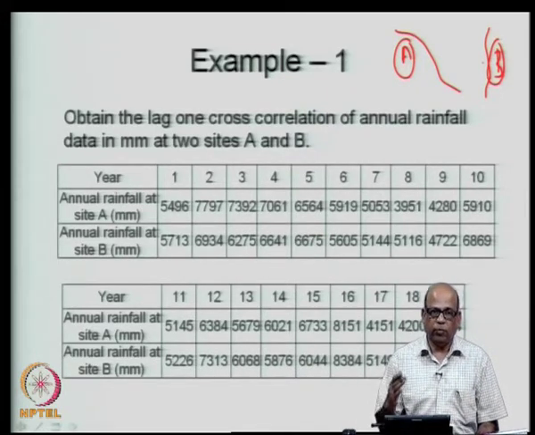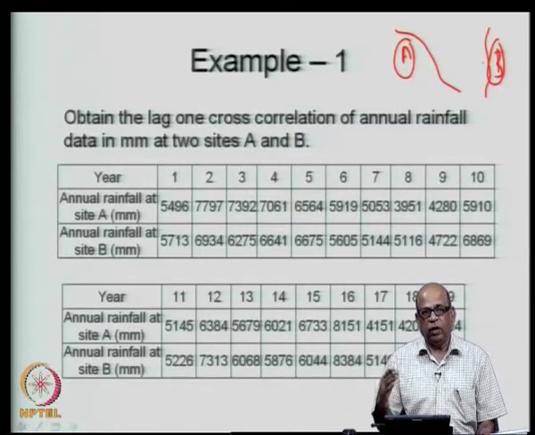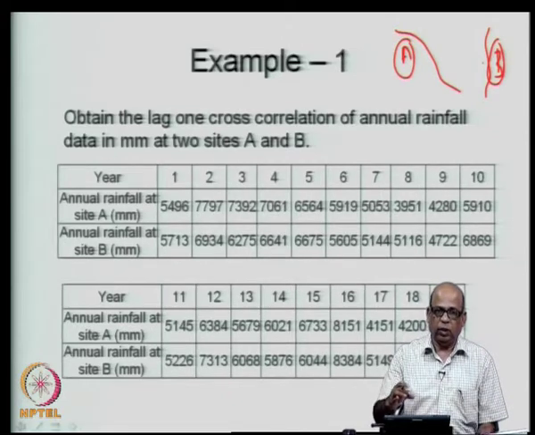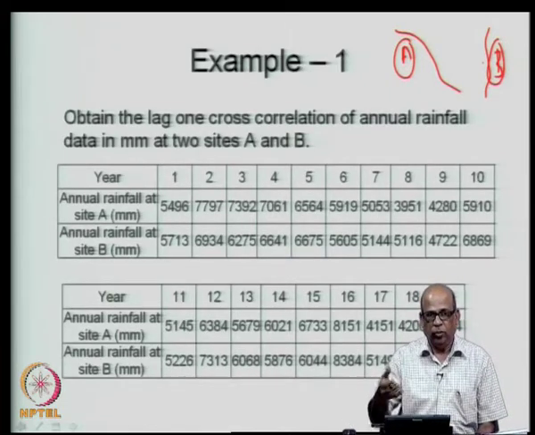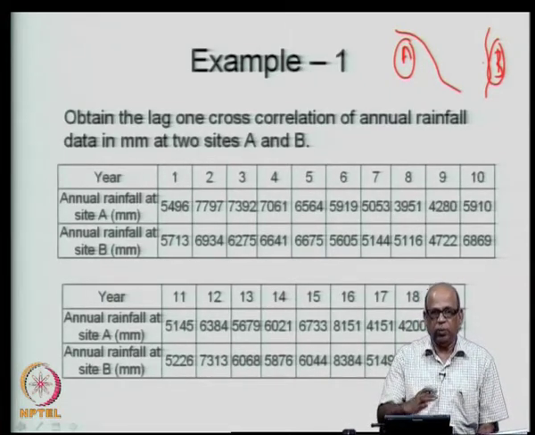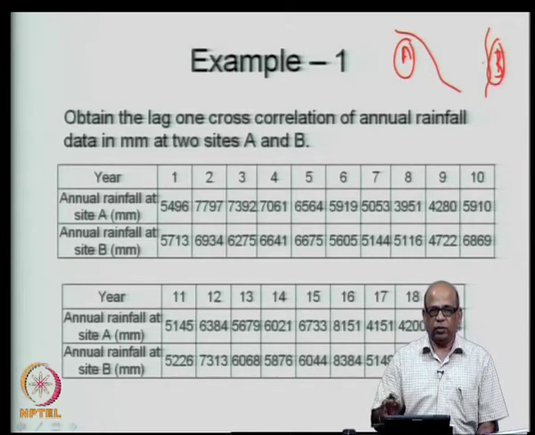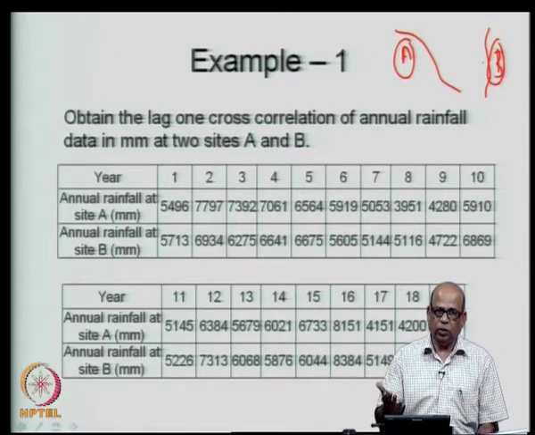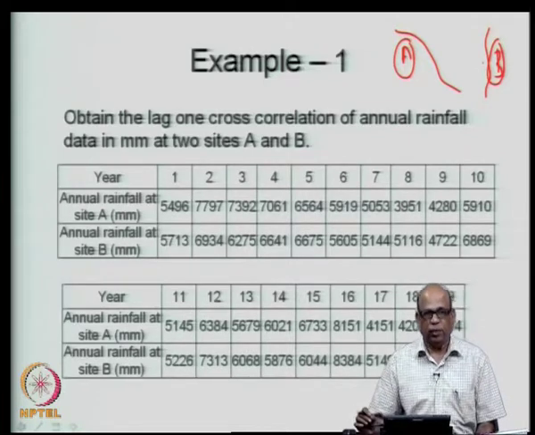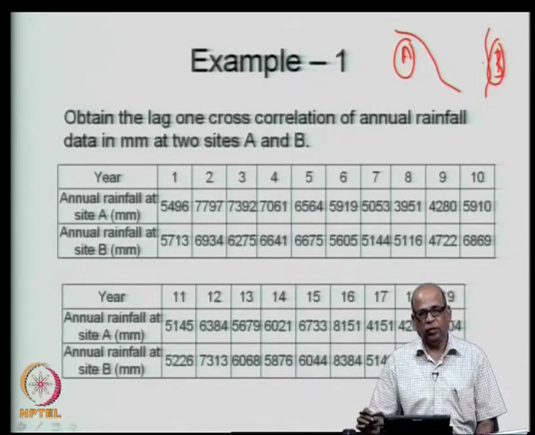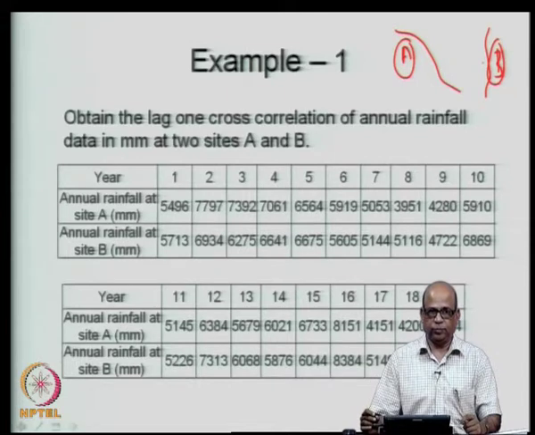Now, these types of problems are also important in applications where we are talking about prediction in ungauged basins. By ungauged, we mean where the data is small or completely absent. You may want to use the little data that is available in a nearby stream, build the correlation structure, build the dependence structure, and then use that dependence structure to generate the data at the location where data is negligibly small.